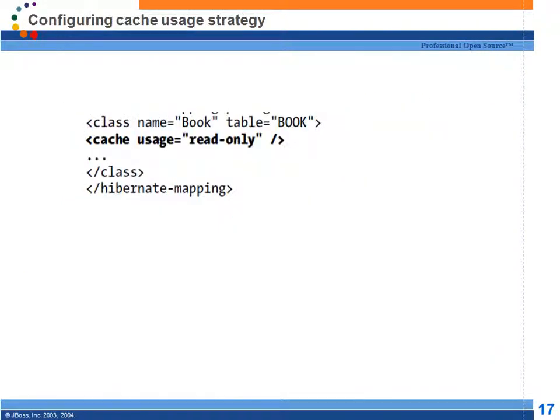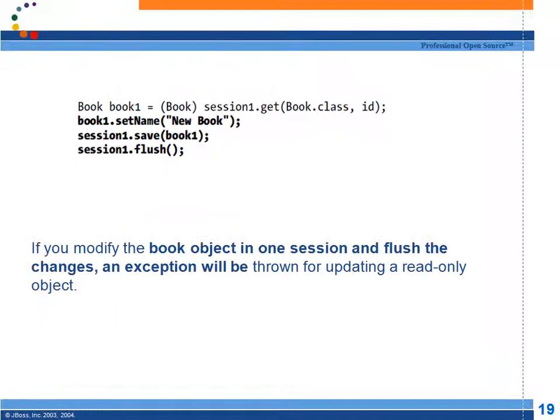Now see here, for this book, what did we set as the cache usage? Read only. It means you are telling that on this book, we will do only read operations. If you try to update that book, then what will happen? See, I got the book from the session, updated the book and flushed.